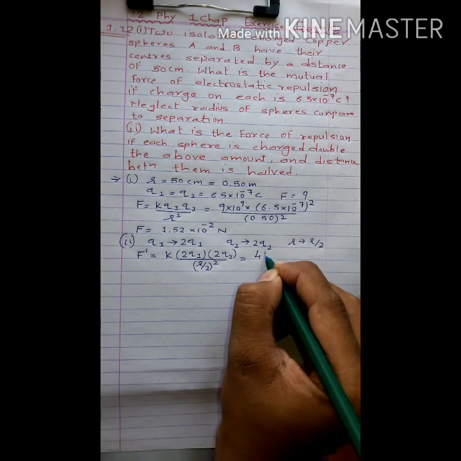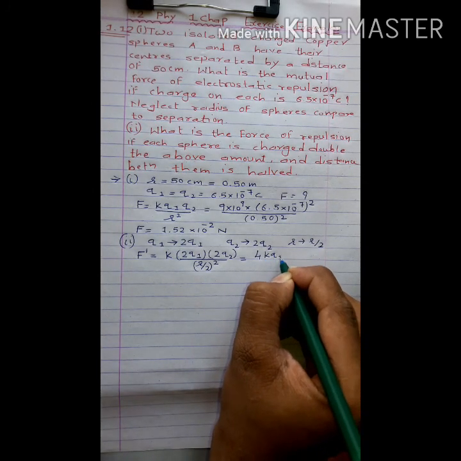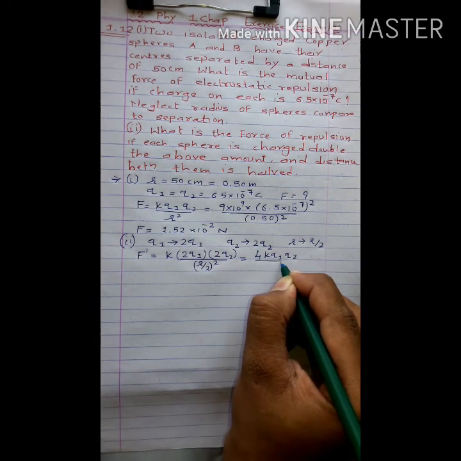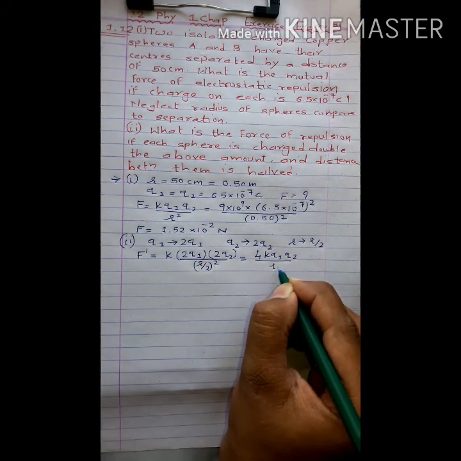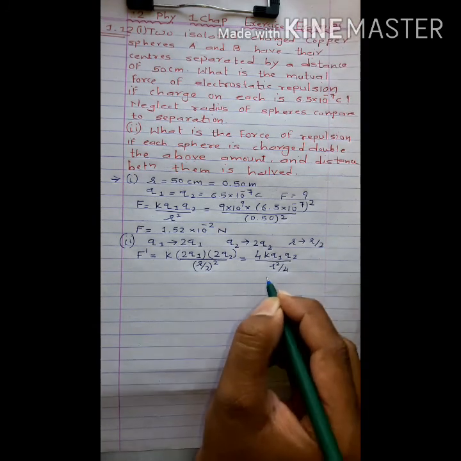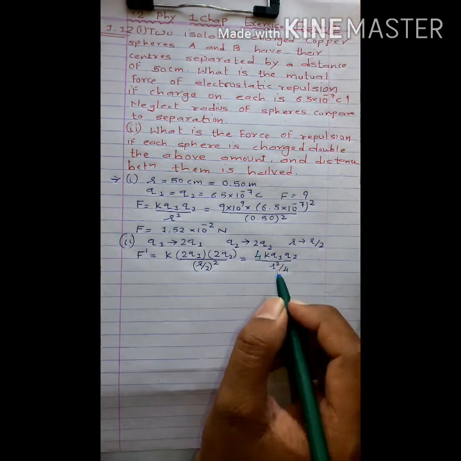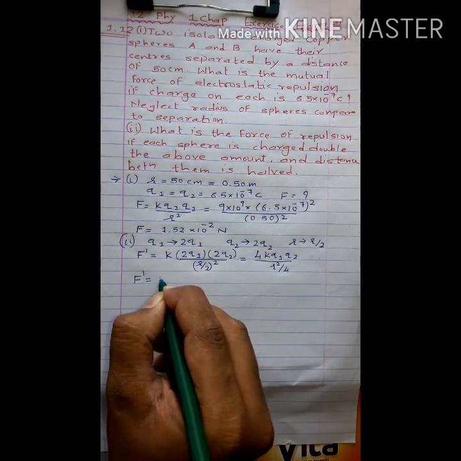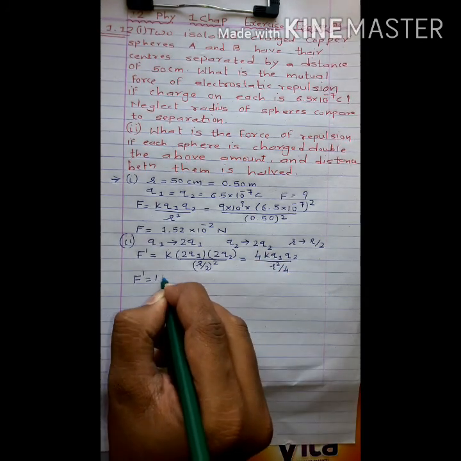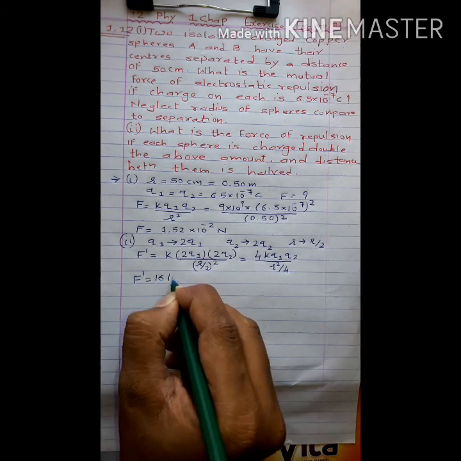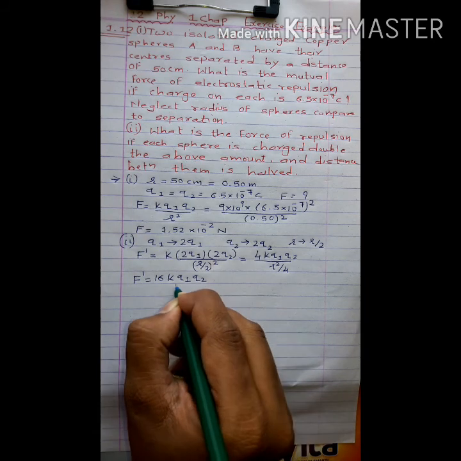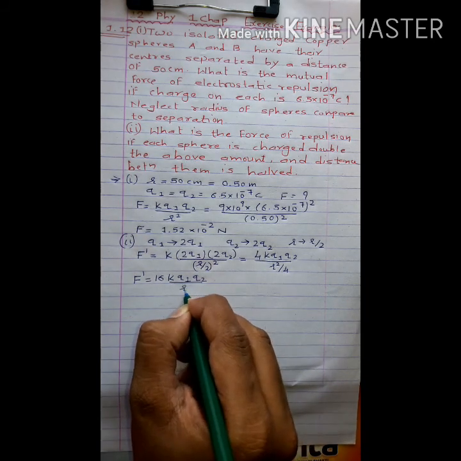So 4 K q1 into q2 divided by (r by 2) whole square. (r by 2) whole square means r square by 4. Here this 4 and this 4, we consider multiplication of these two 4s, so our equation becomes 4 into 4, 16. So 16 times K q1 into q2 upon r square.